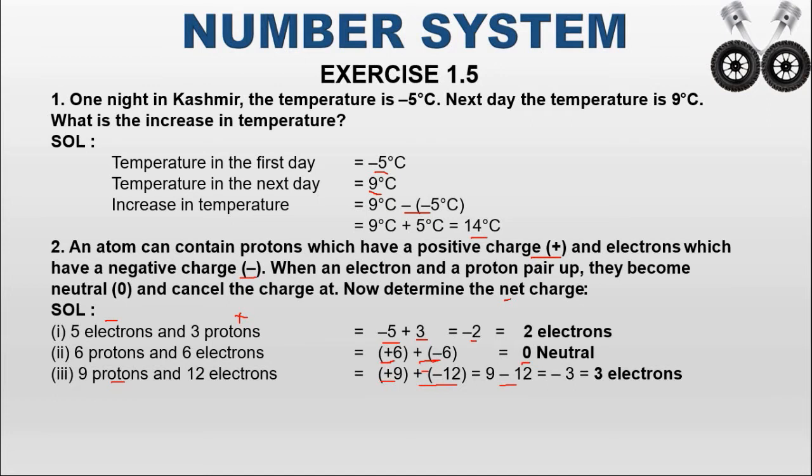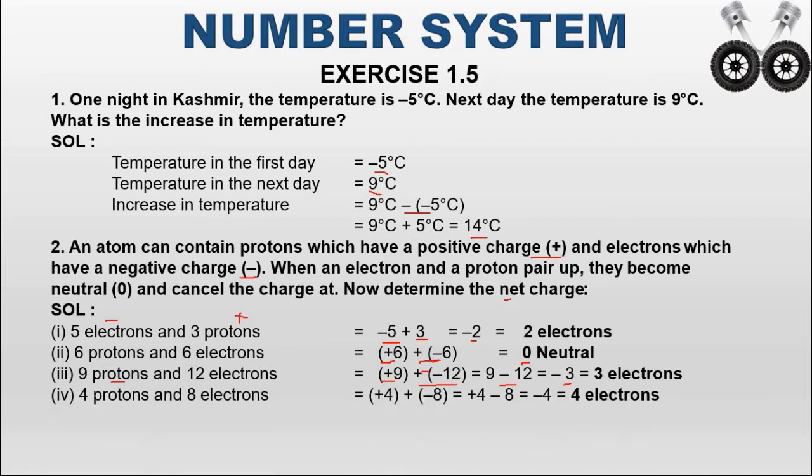So 9 minus 12. Again here we have two integers with different signs, that means we have to subtract. So 12 minus 9, the answer is 3. Here the biggest number is 12, so we have to put the negative sign. So minus 3. Minus means it is electrons, so you have to write it as 3 electrons.